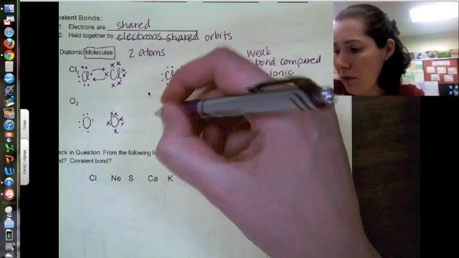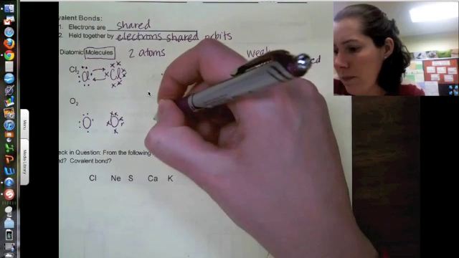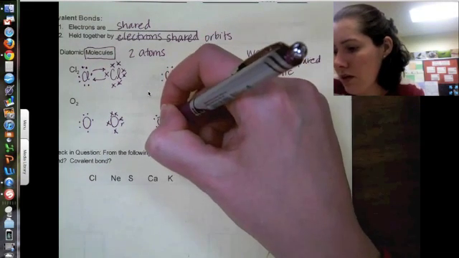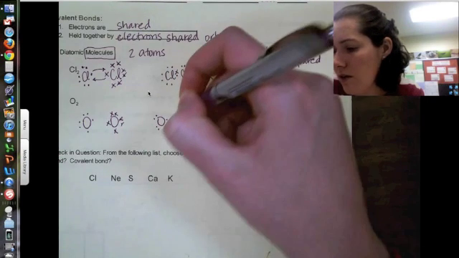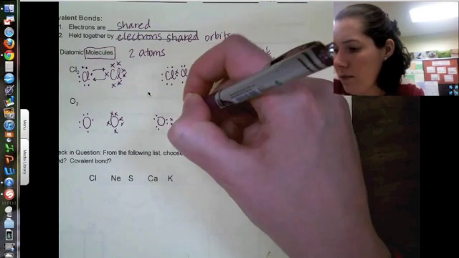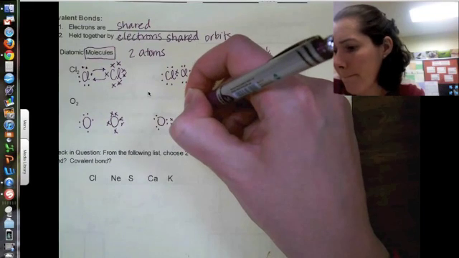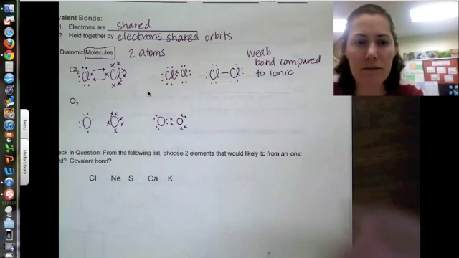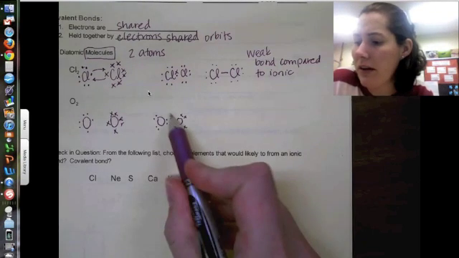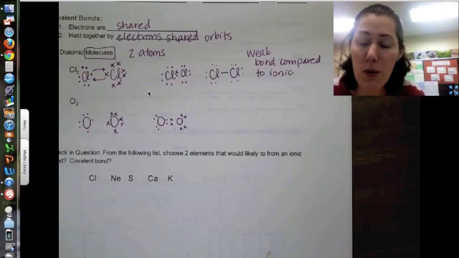So what that will look like, we can redraw it. You can imagine rotating this around. These 4 electrons end up being shared by both oxygens.